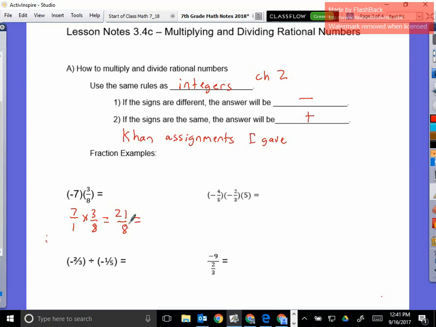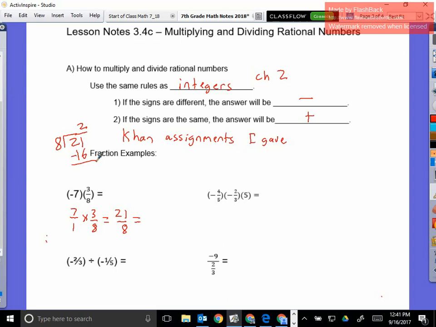We need to find out how many times 8 would go into 21. You might be able to do that mentally. If not, let me show you over here to the side what you're going to do. You're going to take 21, divide that by 8. 8's going to go into 21 2 times. 8 times 2 is 16.